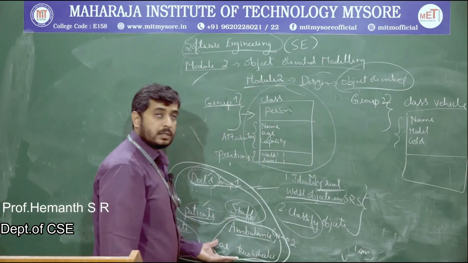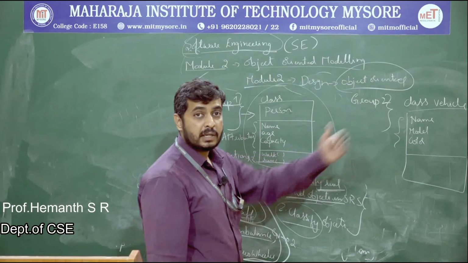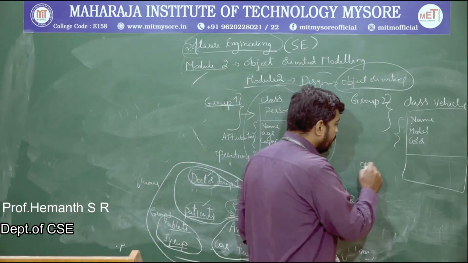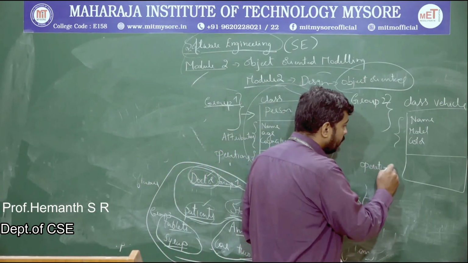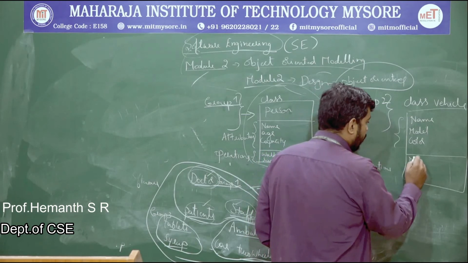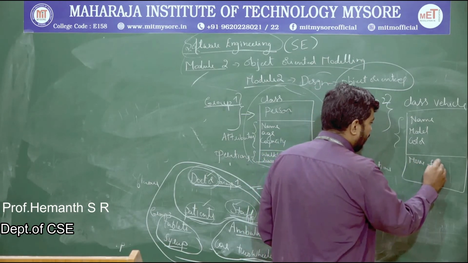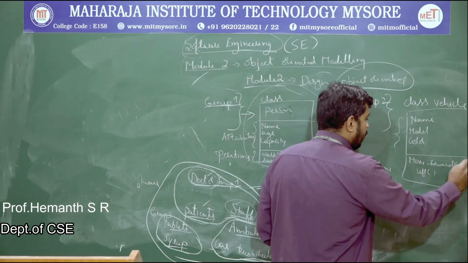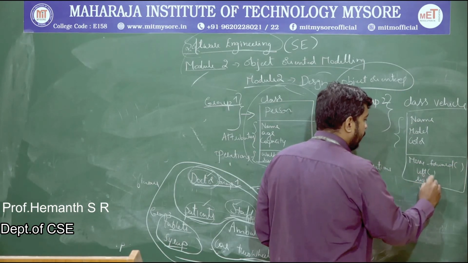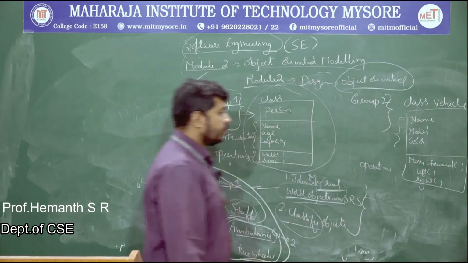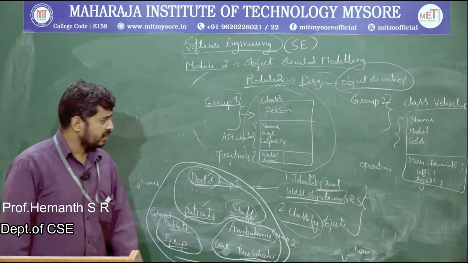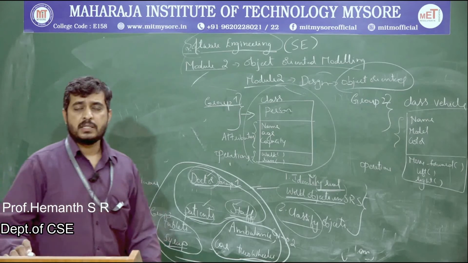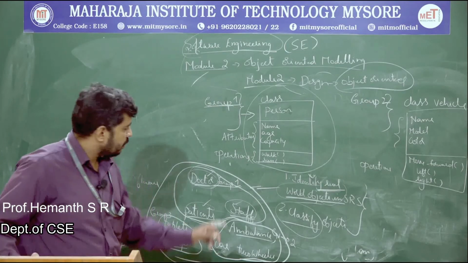Also, what are the operations that you can associate with this particular class vehicle? The operations can include move forward, left, right. So the bottom line here is, from the SRS you identify the entities.